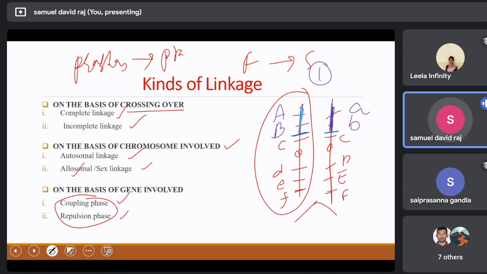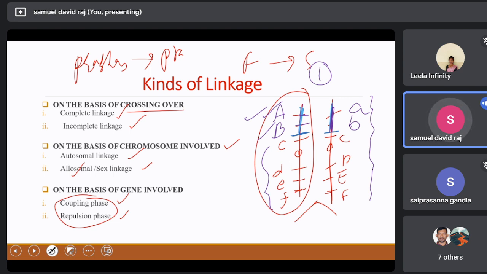So previously, all small a, small b, all recessive genes are present. Now two dominant genes were added. That means Shah Rukh Khan's dominant genes for these two loci. Let us say one is for his nose, the other is for his eyes. Previously, this combination is present with the other one. Now this has gone to this one. So the combination is said to be different now.